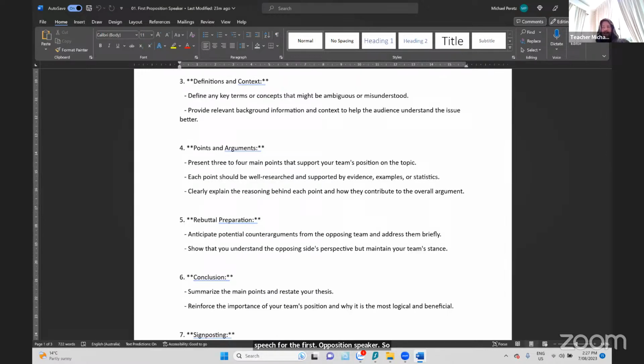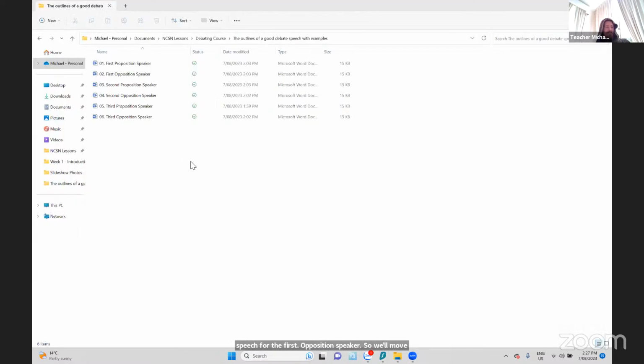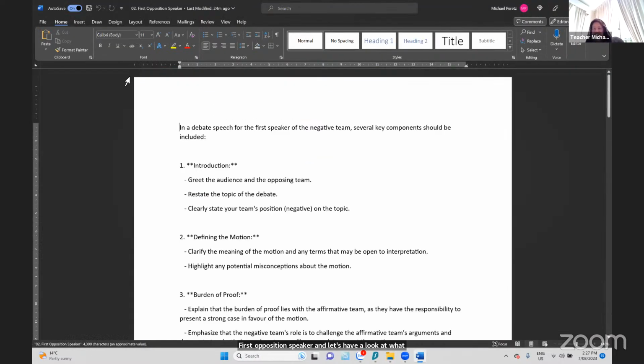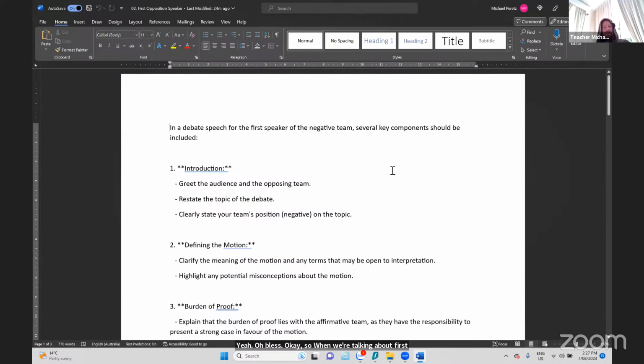We'll move on now to the first opposition speaker, and let's have a look at what they need to say. Can you see that a bit better, Emma? I can see it better now.